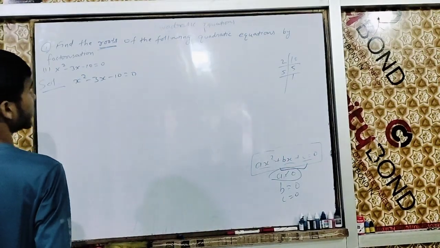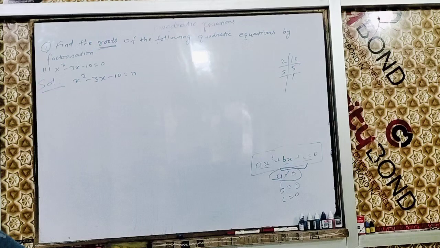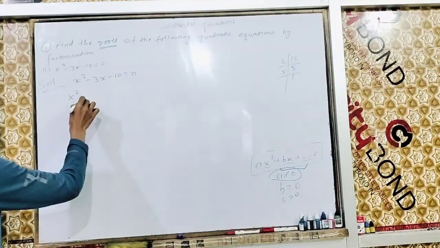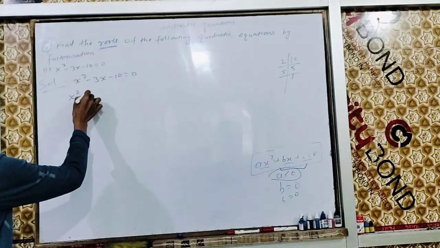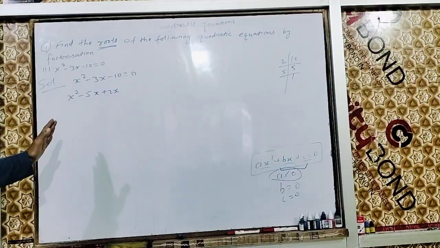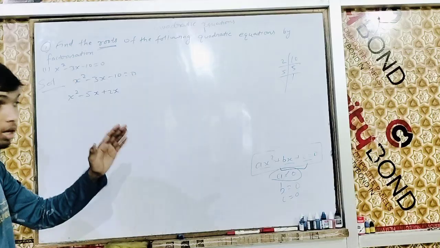It is telling us that when we subtract 2 from 5, then we will get minus 3. So x square, then minus 5x, then plus 2x. This is the correct way. From this, we are getting minus 3x.